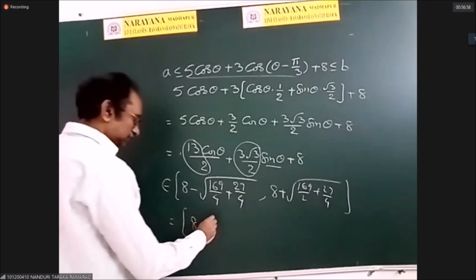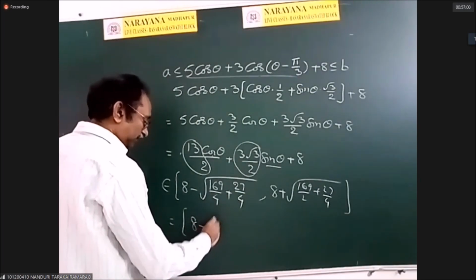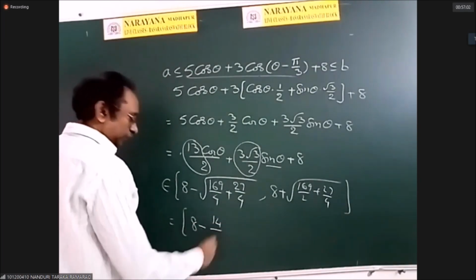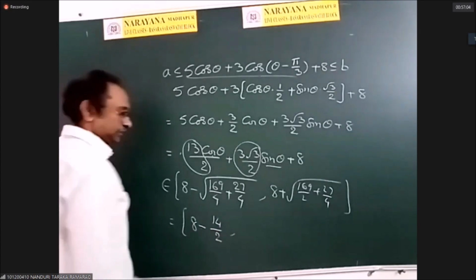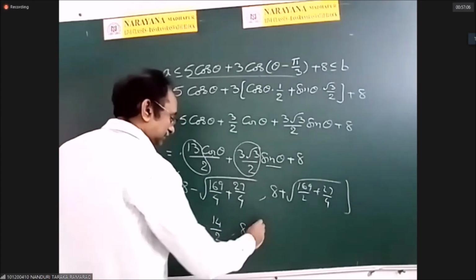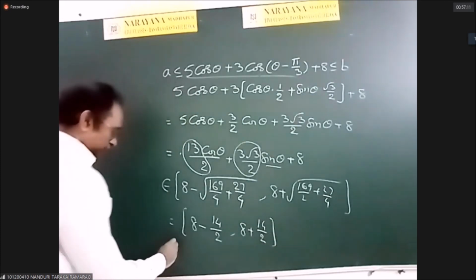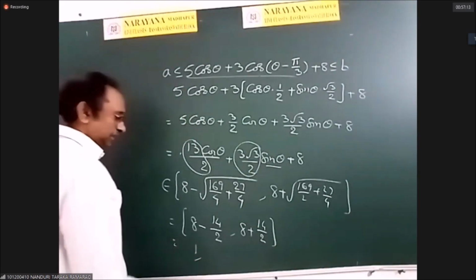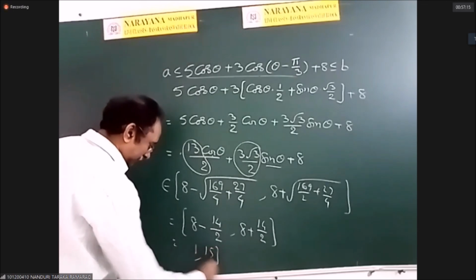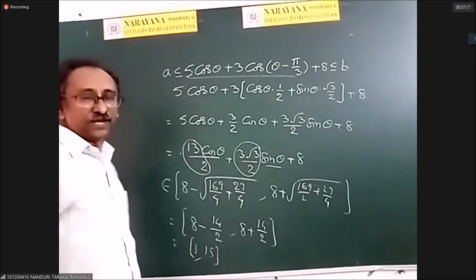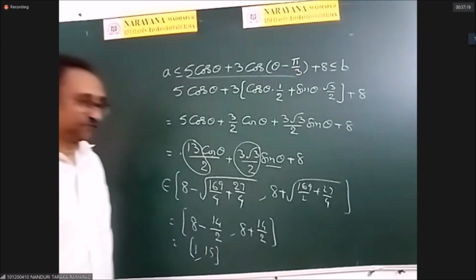Its square root is 14 by 2, which is 7. So this is 8 minus 7, which is 1, and 8 plus 7, which is 15. So the minimum value is 1 and the maximum value is 15.